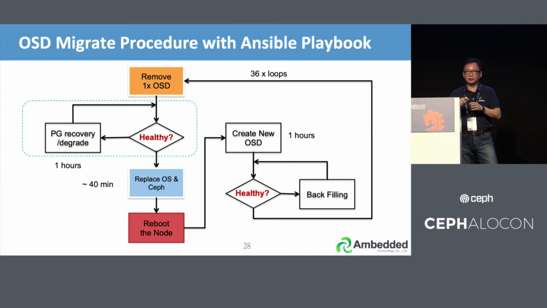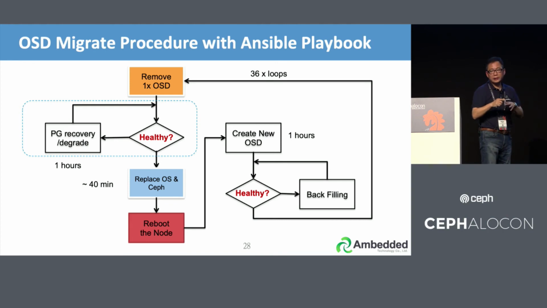Then we wait for the PG backfilling and recovery until the whole cluster becomes healthy. This takes about an hour for about 1 terabyte residing on every OSD disk. After the first OSD is removed, we can replace the OS and the Ceph version and make that OSD rejoin the cluster. So after this reboot, we have migrated one OSD.